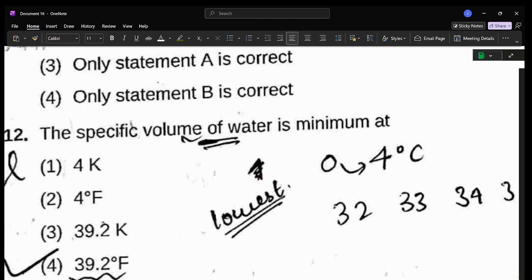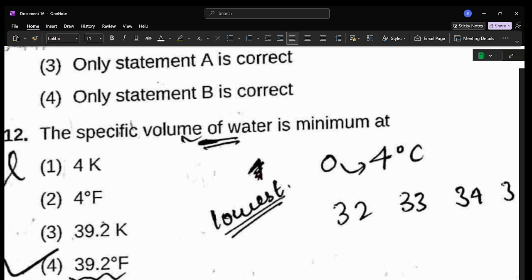And if you have to convert it, I shouldn't use a normal method of plus 4, because you can't convert degree Celsius and degree Fahrenheit like that.